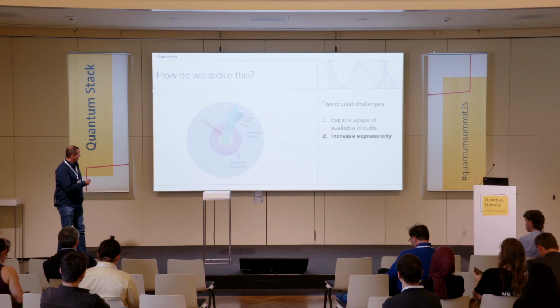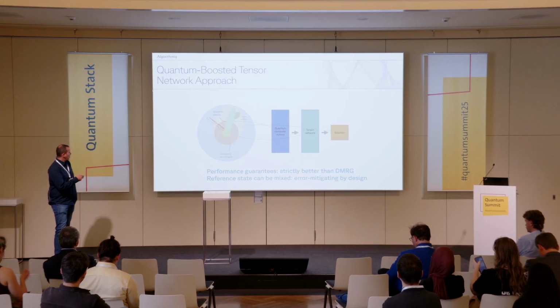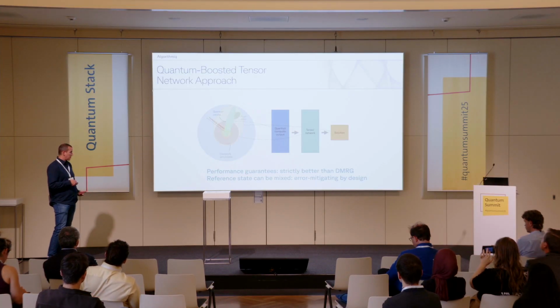The second challenge is to increase this expressivity. Our key idea, in an algorithm we are working on, is to combine the best classical methods in town, basically using a tensor network-like approach. In quantum chemistry, one of these methods is called the density matrix renormalization group, a tensor network approach.